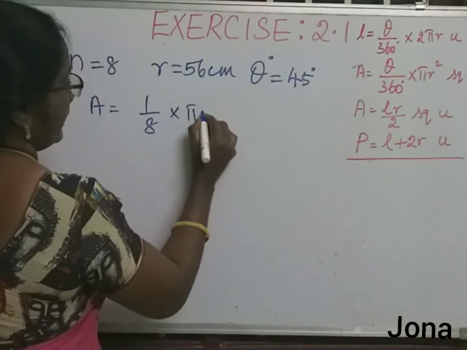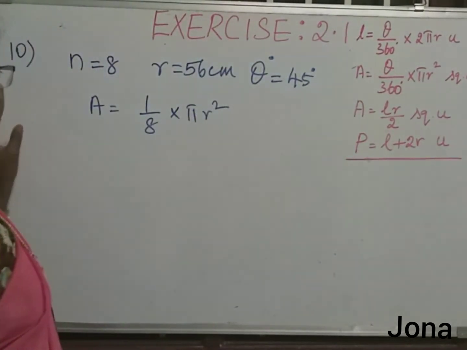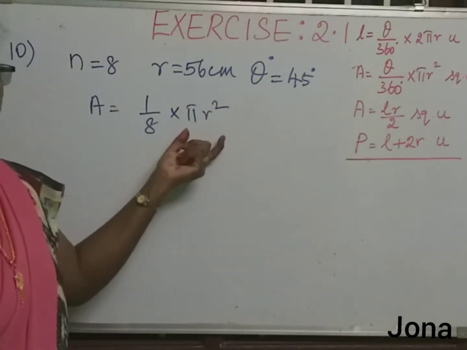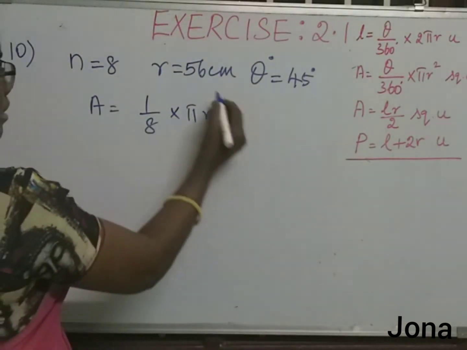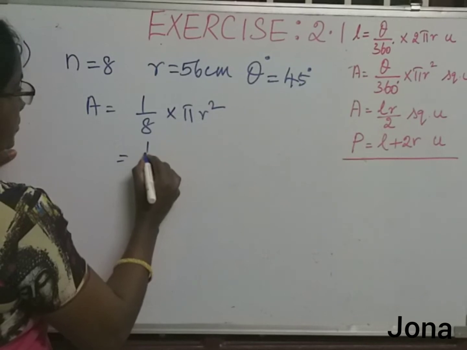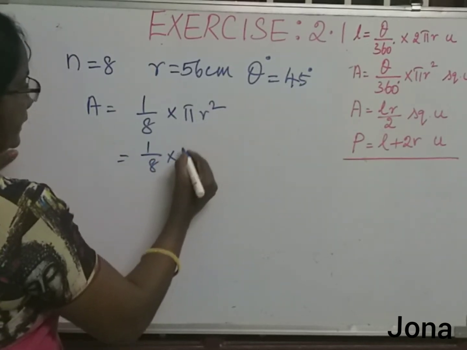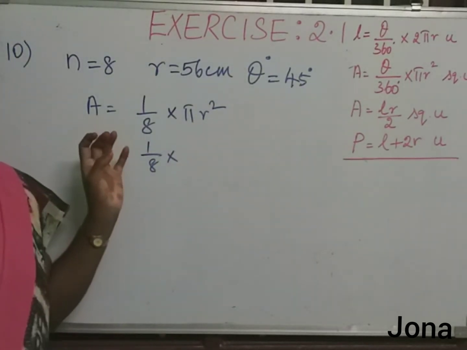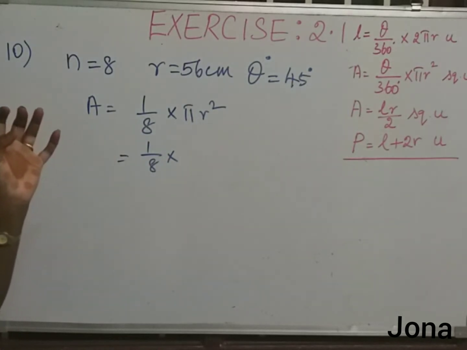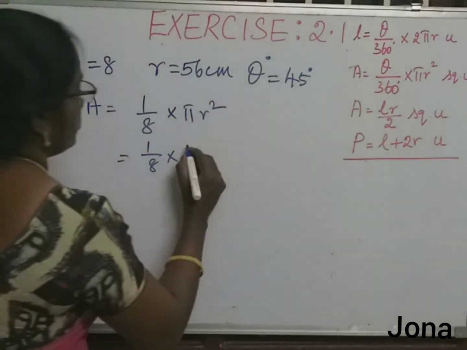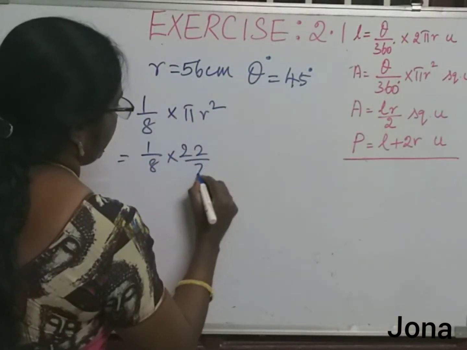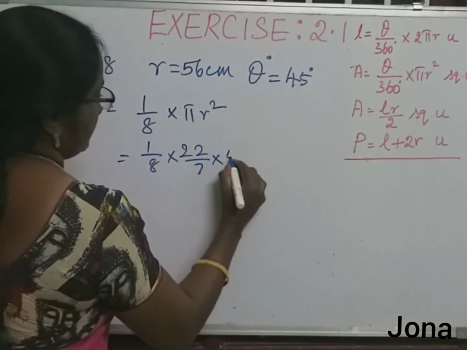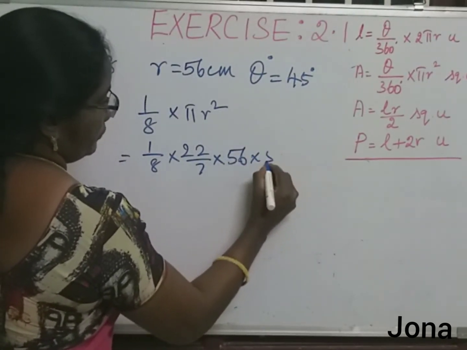What's the formula for area? Area of the circle is pi r square. So here r is given, so we have to substitute everything there. 1 by 8 into the value of pi, which is given already in your book itself, that is 22 by 7, into r, which is 56 into 56.